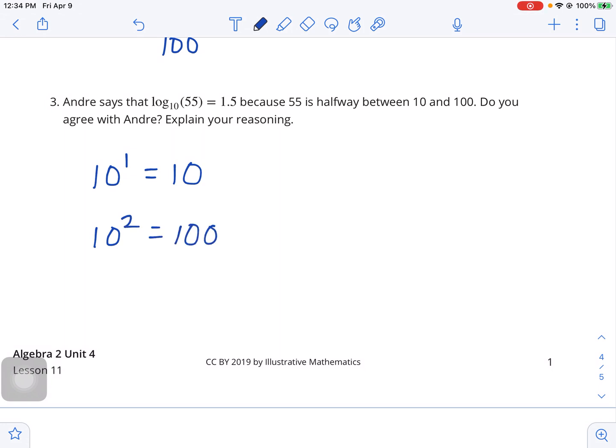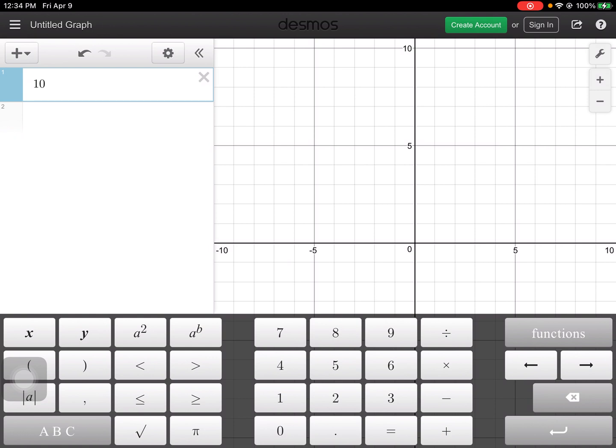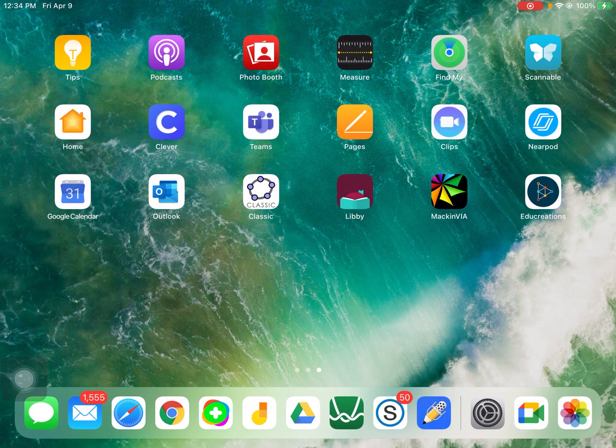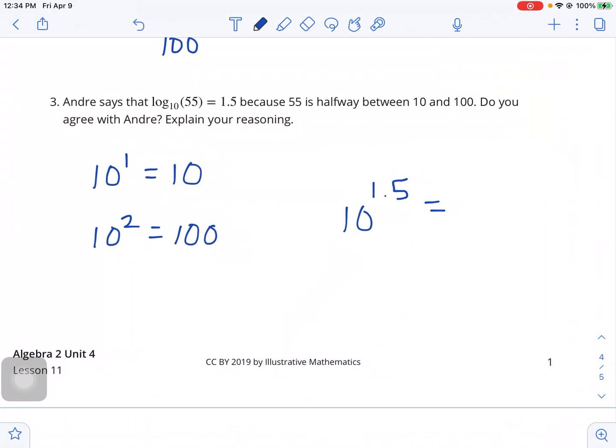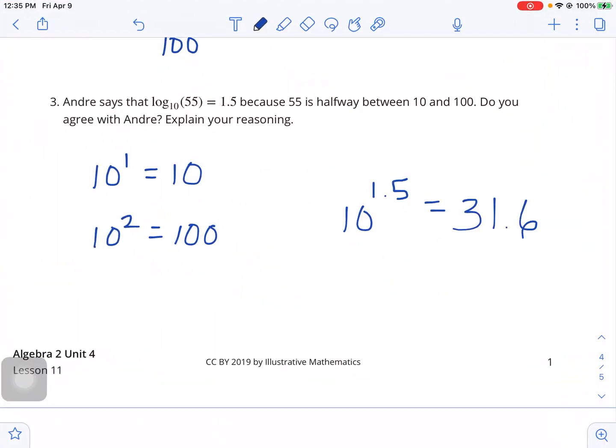And so we know that our exponent has to be between 1 and 2, but checking on a calculator, 10 to the 1.5 is equal to 31.6, which is not 55. So that's not equal to 55.